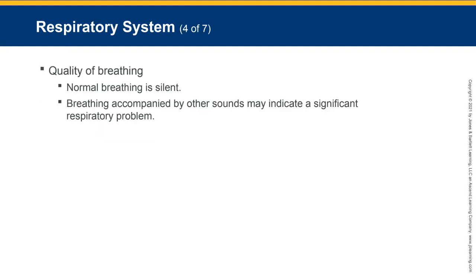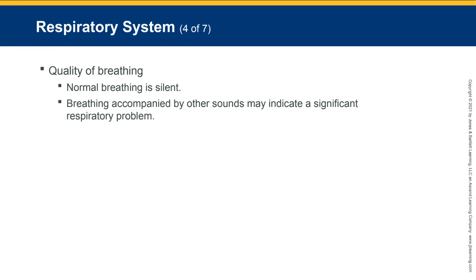After we have ascertained the rate and rhythm, we will look at the quality. When we're looking at the quality of a patient's breathing, we're looking at whether there is muscle use present, whether abnormal sounds are present, is it positional, and what is the pulse ox telling you.